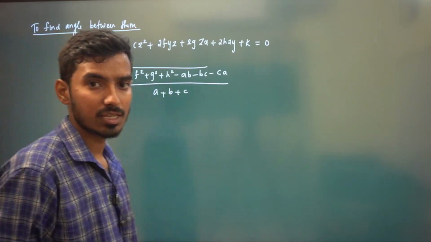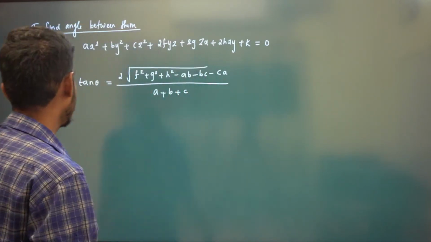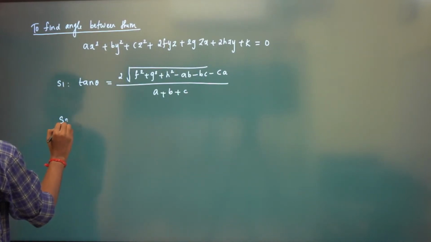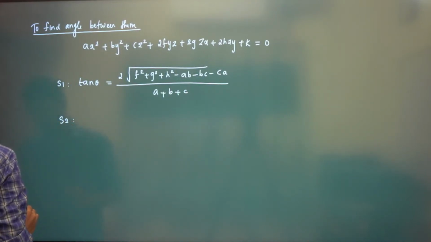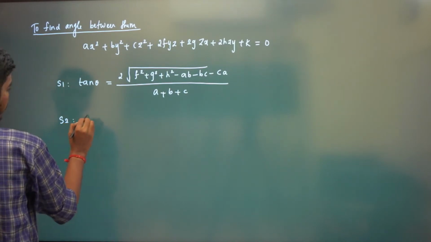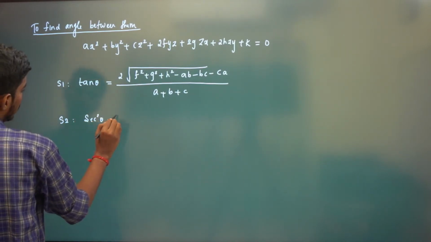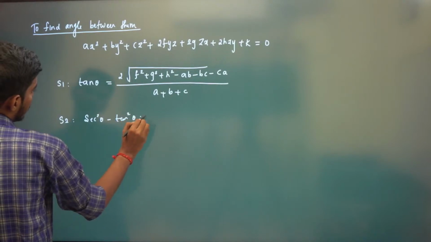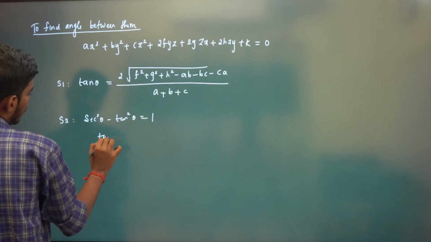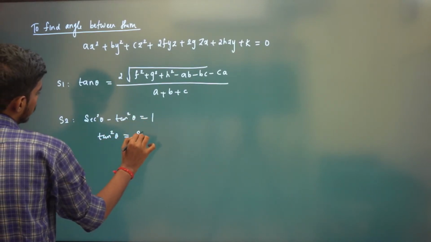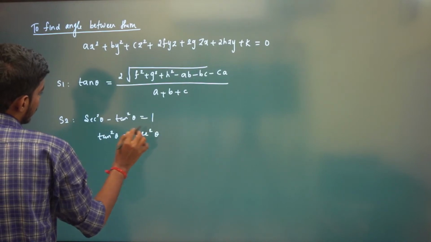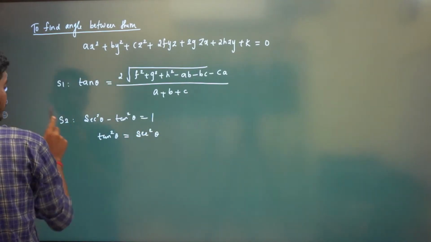The angle between the two planes is given by cos theta, right? So from tan theta you can find cos theta. We know secant square theta minus tan square theta is 1, so secant square theta is equal to 1 plus tan square theta.